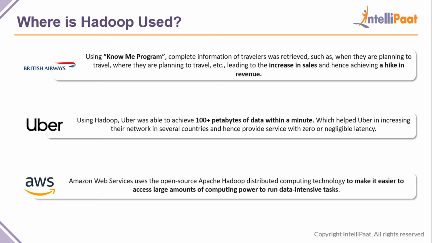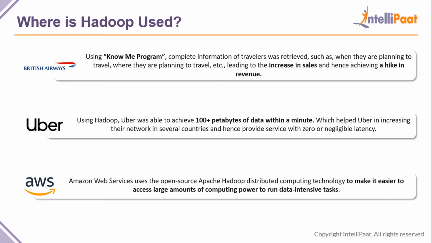This database they will later use to understand where they can cater their planes better, where they can put their bigger planes, and this will increase sales and achieve a hike in revenue. It sounds very simple, but trust me, it is very convoluted. And when an organization like British Airways is doing it, it works for sure.